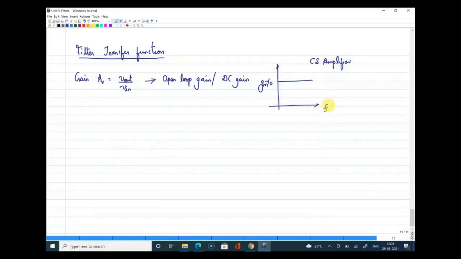Across the range of frequency, I'm marking gain as gm r0 itself, right? This is how we generally study any circuit, because we do not bring in the frequency picture at first, since that would make the analysis a little more detailed, right? But if I draw the frequency response of a CS amplifier as gm r0, is this true? Will you get the gain of a CS amplifier as gm r0 for all frequencies? Is that true?